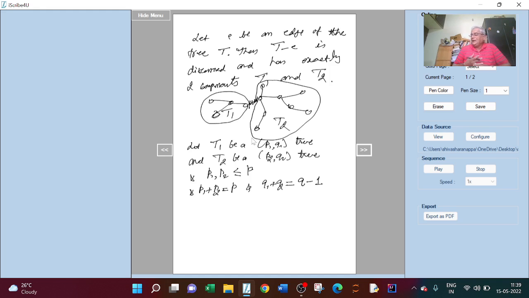And here since T1 and T2 are two trees with less than P vertices, therefore by assumption the result is true.